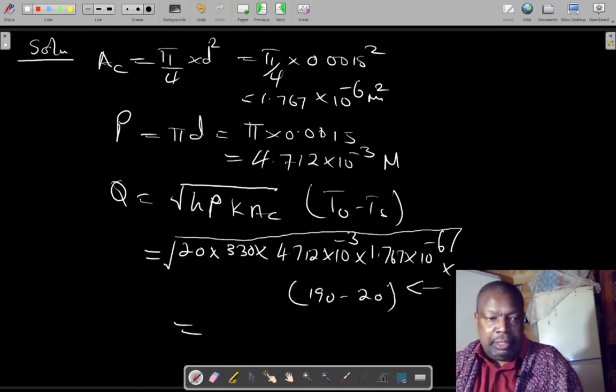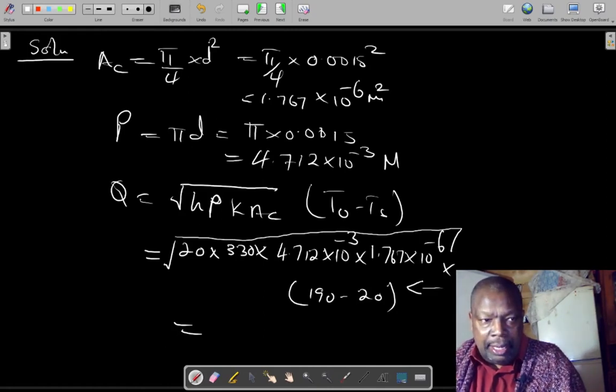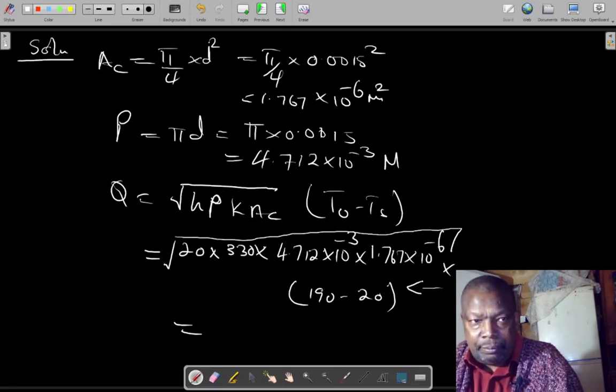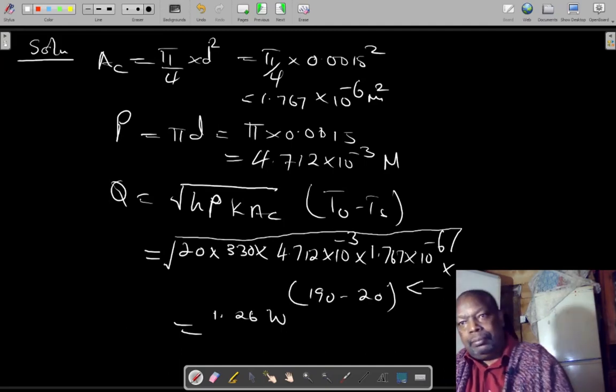Using your calculator, you can evaluate that, and you see that it is equal to 1.26 watt.